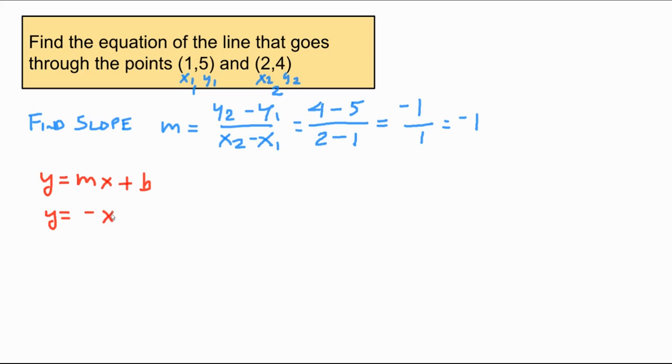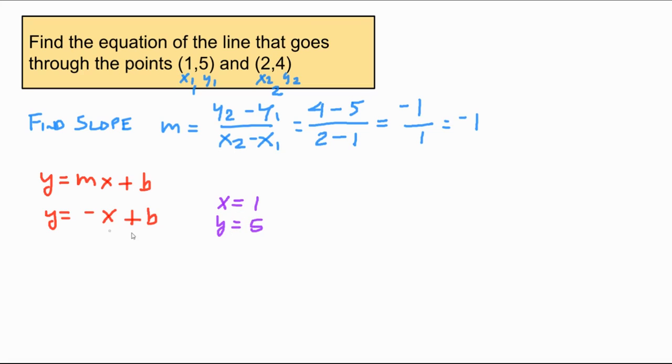We generally don't write the 1 there, although we could say negative 1x, but I'm just going to write it as negative x plus b. Now we can use that substitution step, and we can pick either point from above, but let's pick the point (1, 5). What that point tells us is that this line goes through x equals 1, y equals 5.